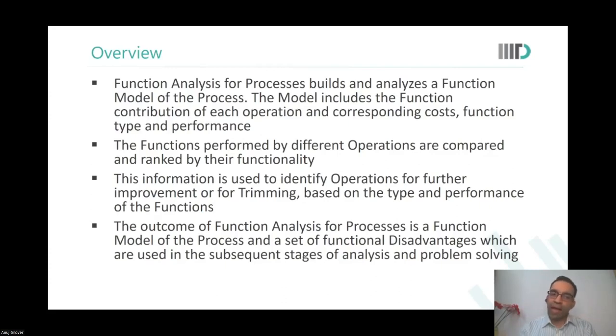And we rank the functions also, just like we do in product modeling, and that information is used for trimming. Okay. The outcome of function analysis of processes is a function model, which also lists down functional disadvantages, so that in the subsequent stages of analysis, those disadvantages can be removed.